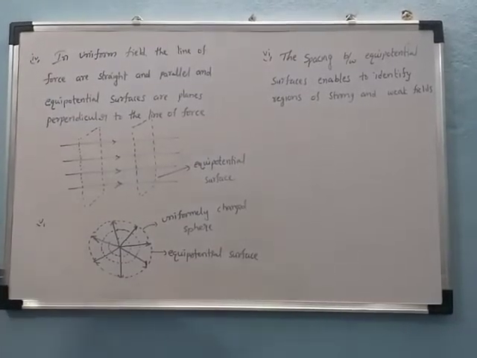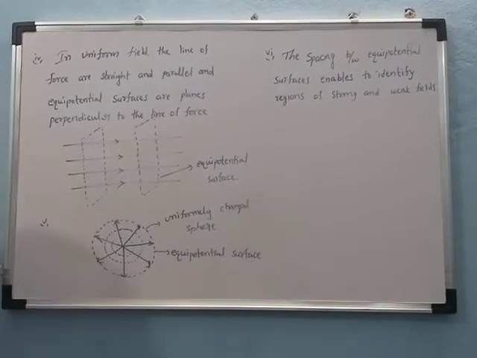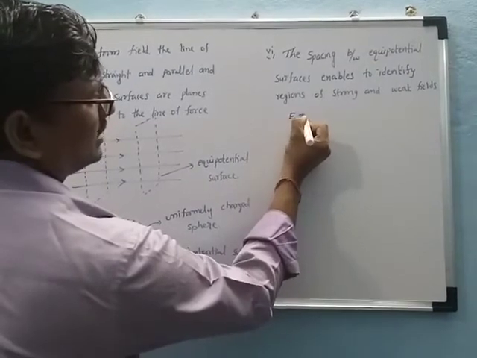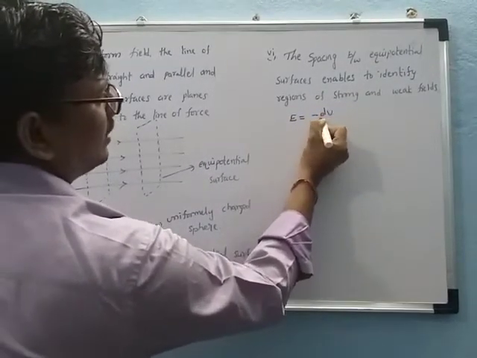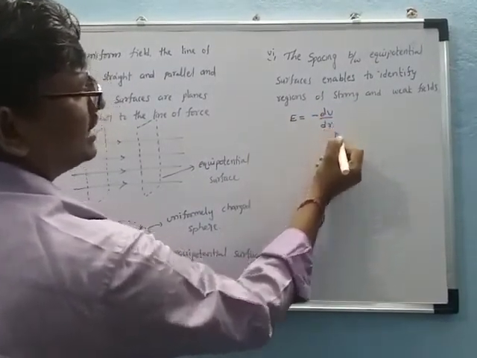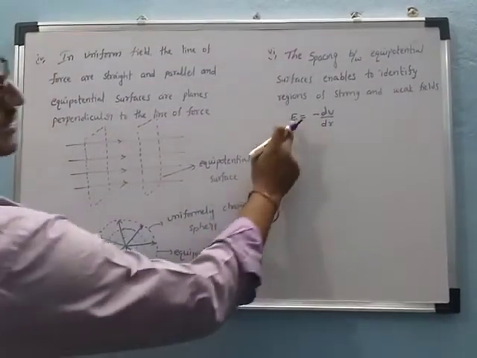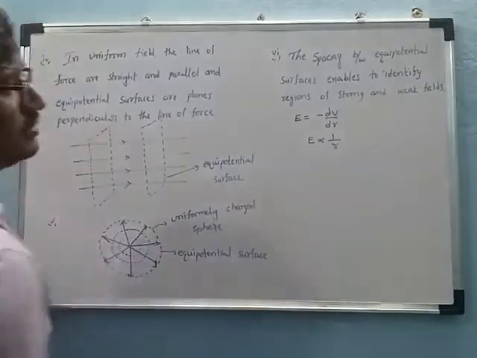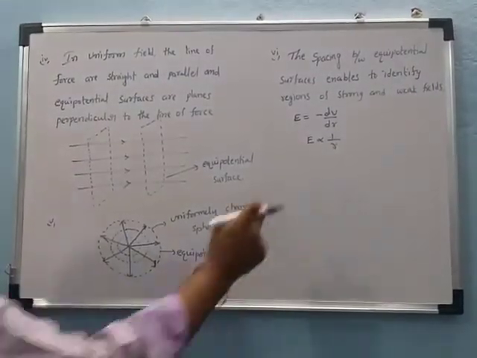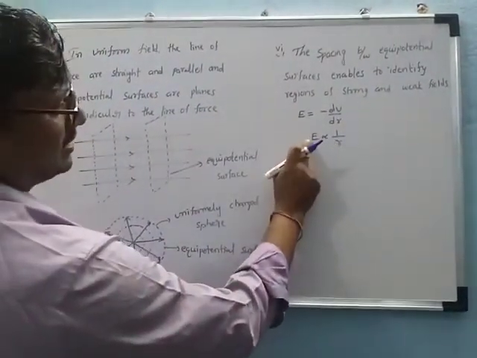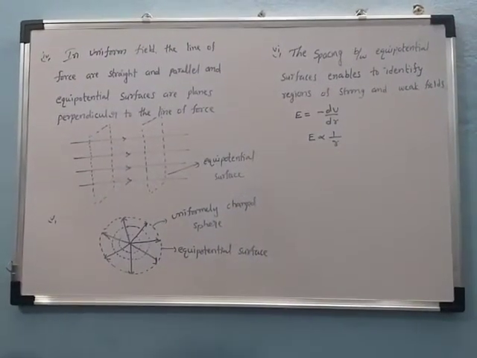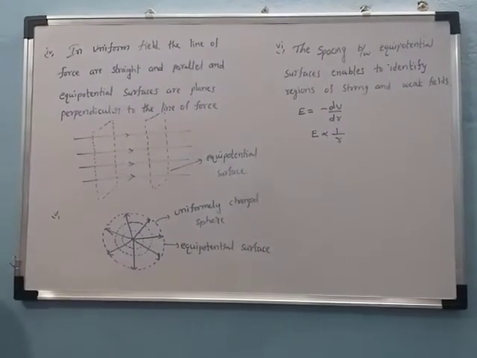The relation between electric field and electric potential is E equals minus dV by dr. The electric field is inversely proportional to the distance. When the distance increases, the electric field decreases; when the distance decreases, the electric field increases.